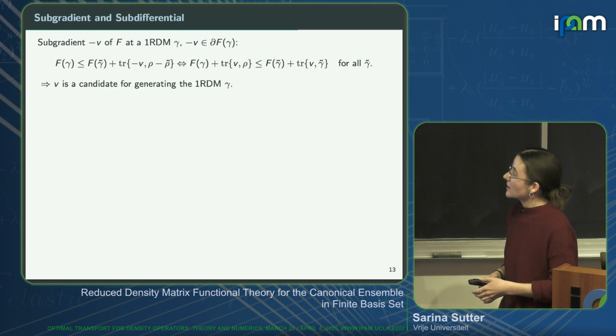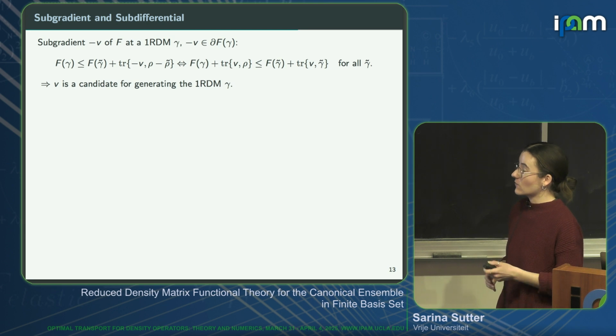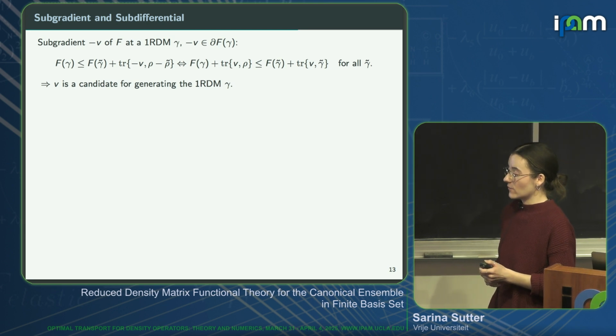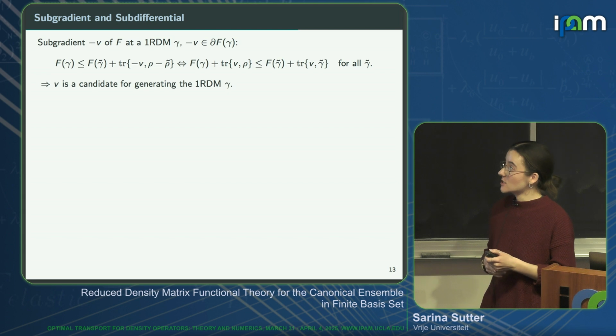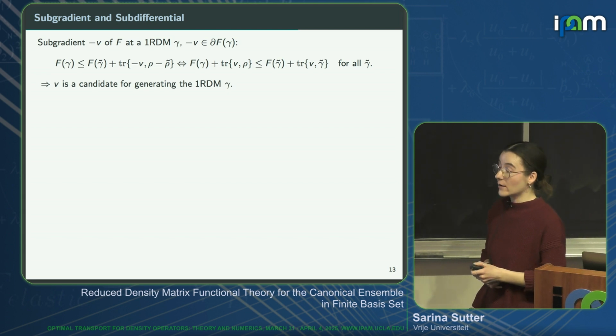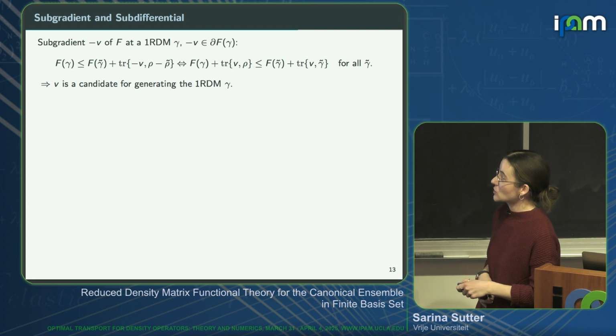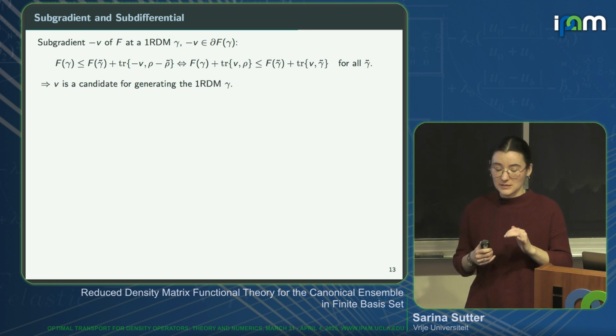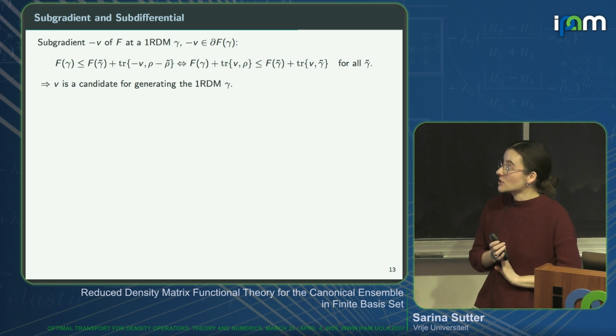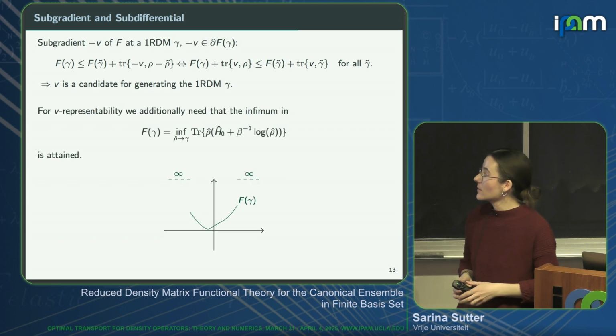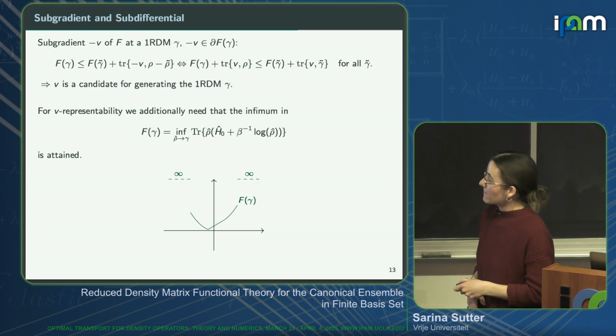What we get is a candidate for a potential that generates the 1-RDM gamma. I write candidate because if we have a subgradient, we do not yet have that this potential generates the 1-RDM.